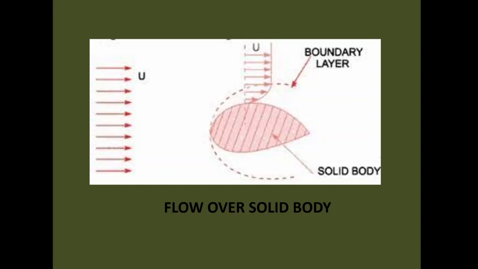As there is no variation in velocity, no velocity gradient will be there, and hence no shear stress. So in the region above this boundary layer, the velocity gradient is 0 and also the shear stress is 0. Clear about the boundary layer formation when the solid body is kept at rest and a fluid with a free stream velocity u is allowed to pass over it.